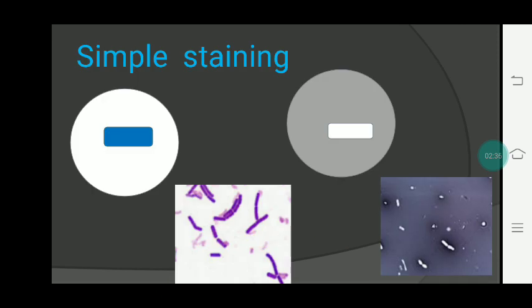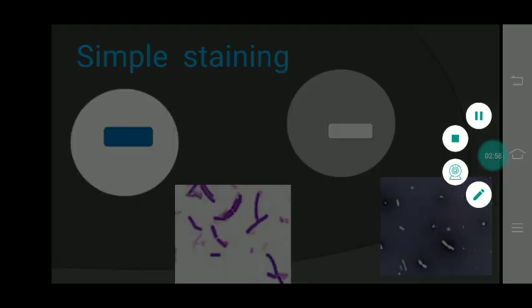So let's move toward the principle, or basis, of simple staining. Why in monochrome staining do we only stain bacteria, and why in negative staining do we stain the background? What is the chemical principle behind both staining processes?